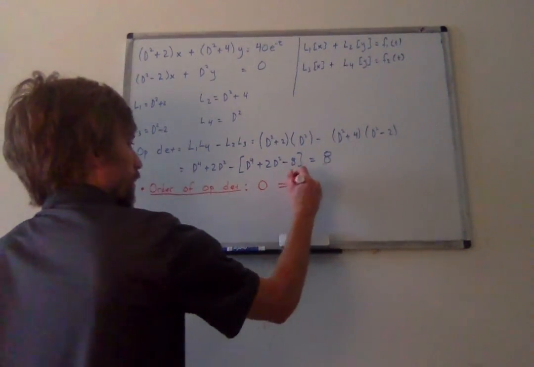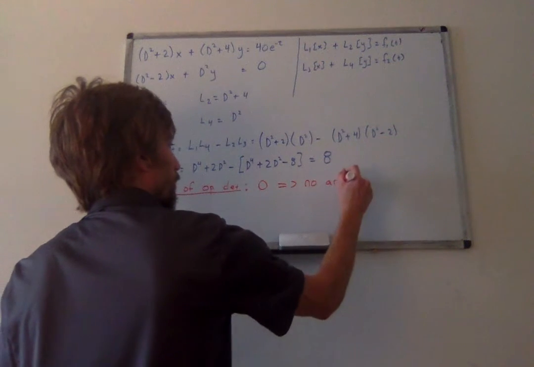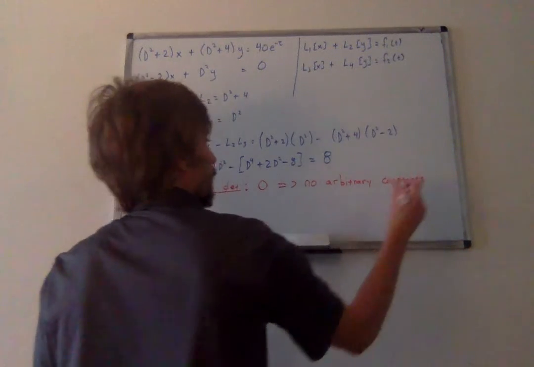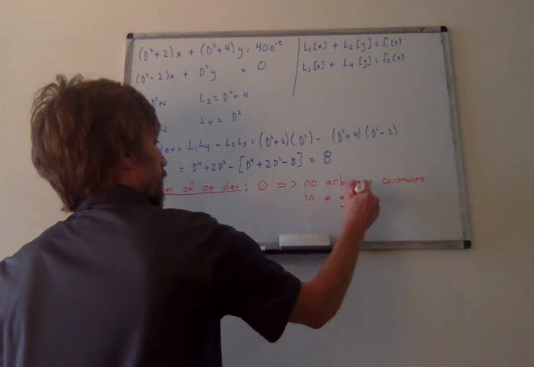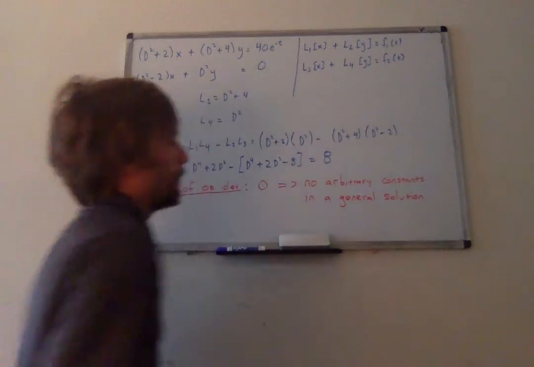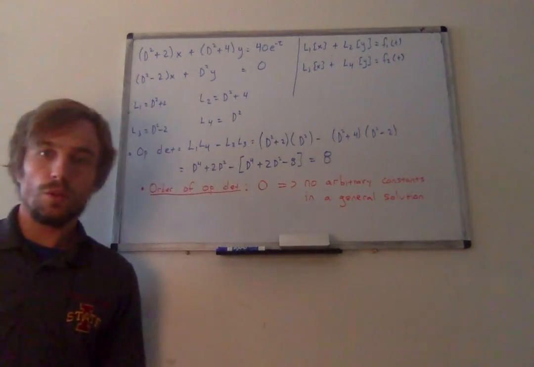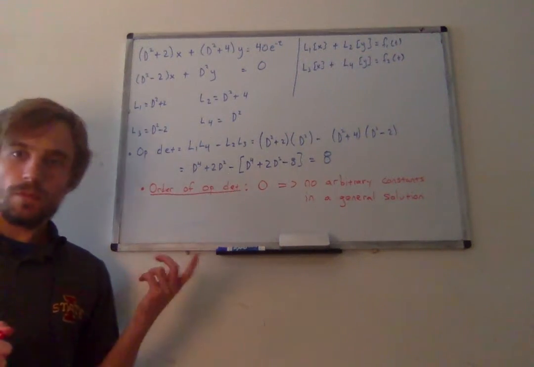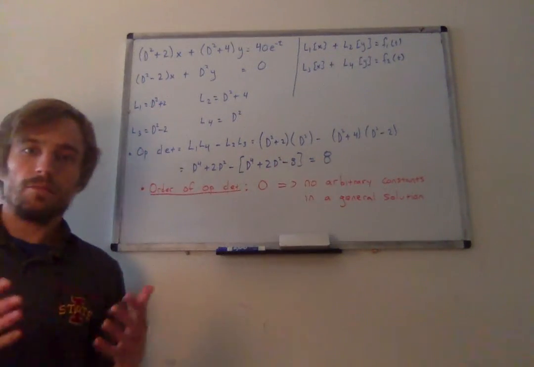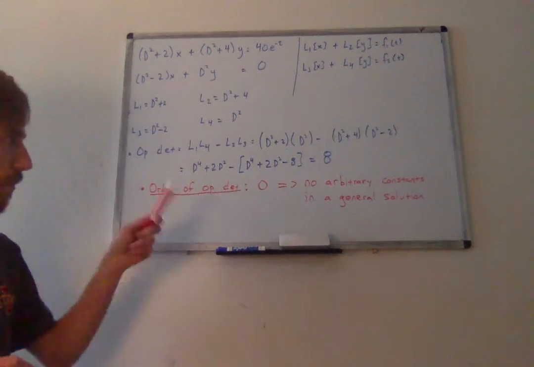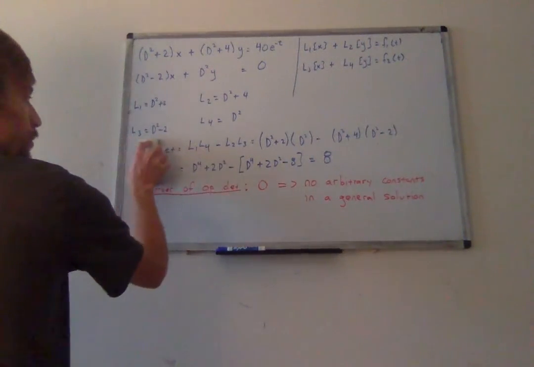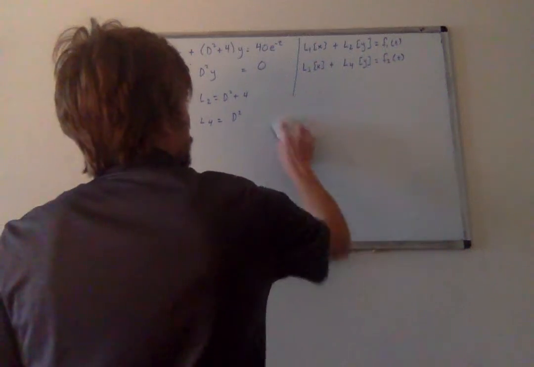And so this means there will be no arbitrary constants in a general solution. Cool. So we'll see why in a second, when we go to calculate the general solution, this fact will make it relatively easy for us. But let's keep this in mind: no arbitrary constant in a general solution. Now we just have to find that general solution.